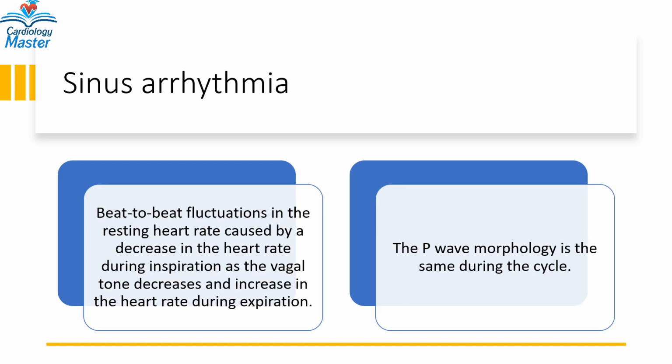The opposite happens during expiration. There will be beat-to-beat fluctuations with an increase in the heart rate during expiration as the vagal tone increases. But it is very important to notice that the P wave morphology is the same during the cycle.